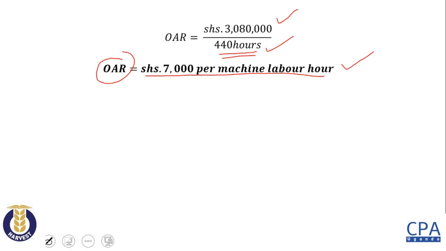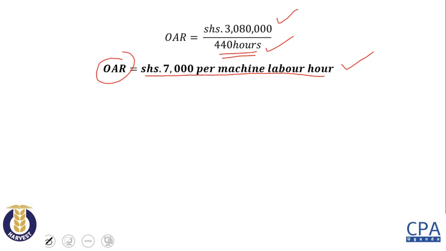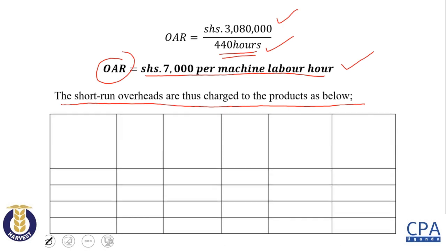And as we have done in part A of our question, we shall present our computations in a very nice table here. So we are saying that the short-run variable overheads are thus charged to the products as below. We are picking the information from the question and then feeding it into our table here.